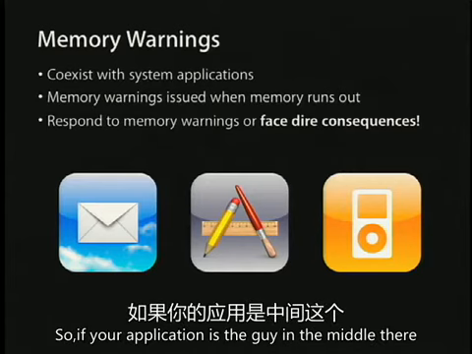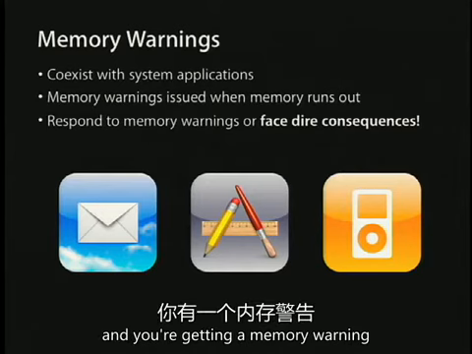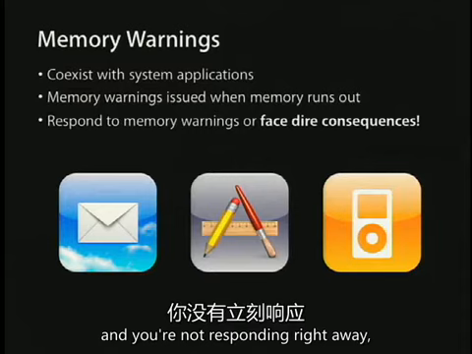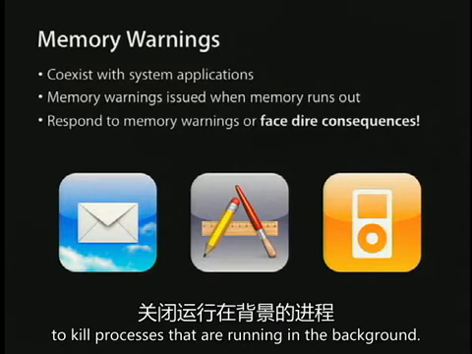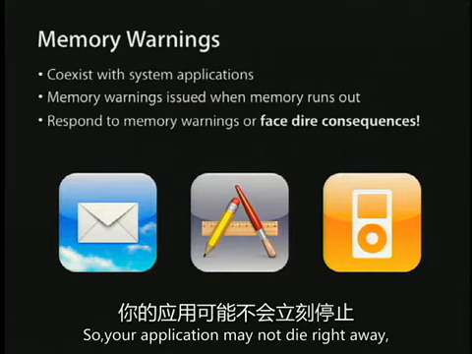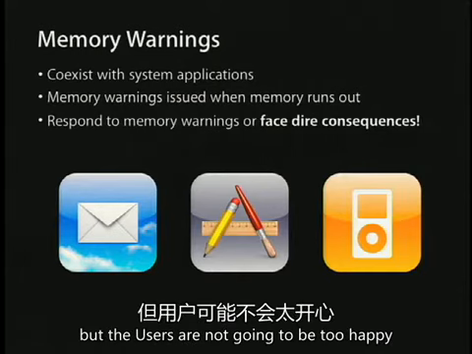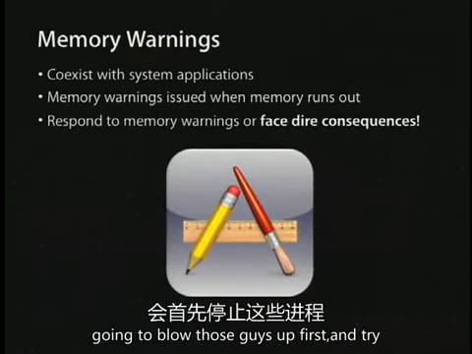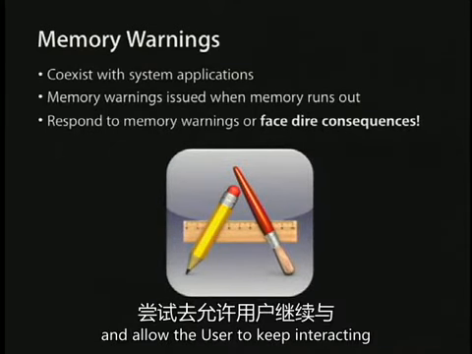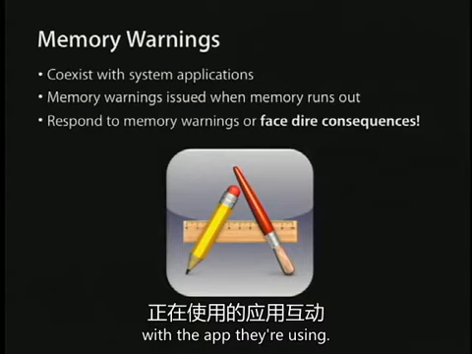So if your application is the guy in the middle there, and you're getting a memory warning, and you're not responding right away, the first thing that's going to happen is the system is going to kill processes that are running in the background. So your application may not die right away, but the user's not going to be too happy because their music's going to stop playing and their mail's going to stop downloading, because the system's going to blow those guys up first and try to allow the user to keep interacting with the app they're using.